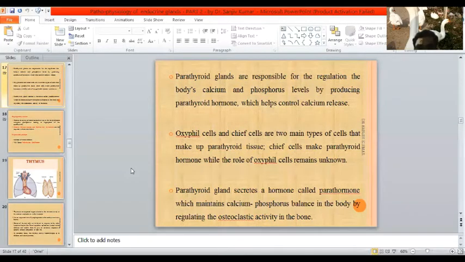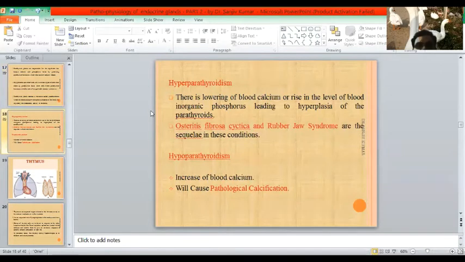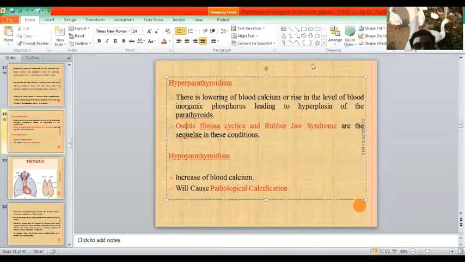So in case when there is increased secretion of parathormone, the level of blood calcium will go up, but the phosphorus level will decrease, and this will lead to a condition called osteitis fibrosa cystica and rubber jaw syndrome.